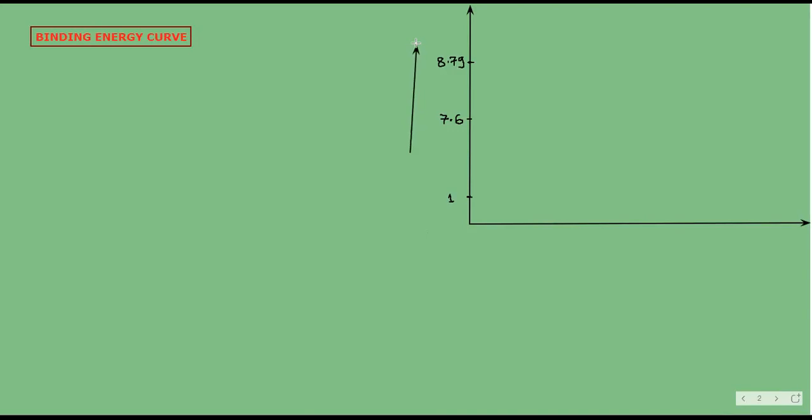This complete y-axis is binding energy per nucleon in mega electron volt. And on this x-axis I am taking mass number.